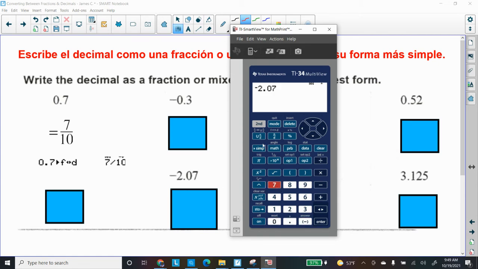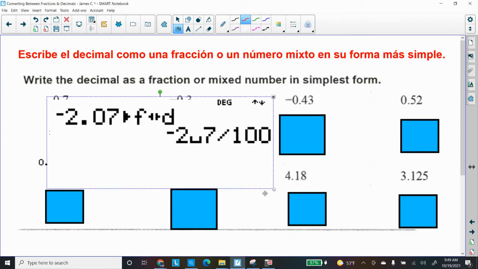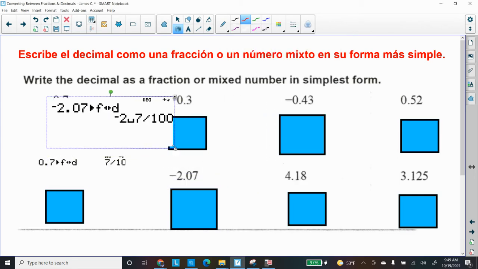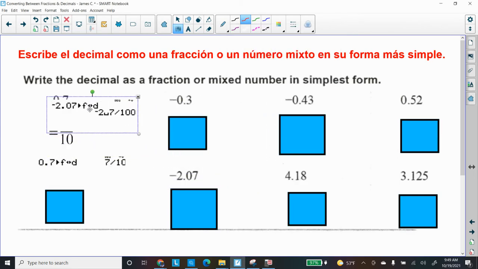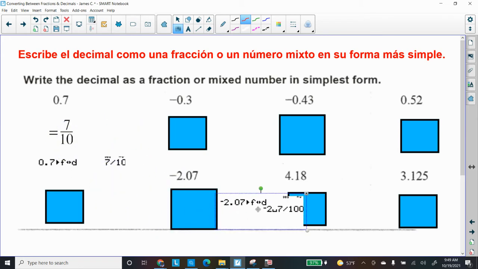Press second, and then PRB, and you will see your F_D button, fraction to decimal, and now there's the magic. It changes that into -2, which is the whole units, and 7/100.